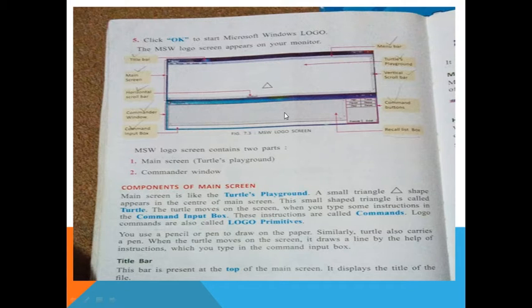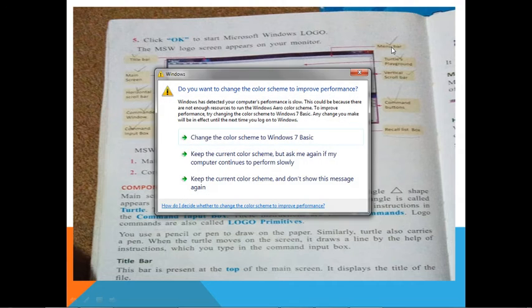So here some components are there. See here: title bar, after that menu screen, horizontal scroll bar, commander window, command input box, then after that recall list box, command buttons, scroll bar, vertical scroll bar and turtle's playground. Here is the menu bar.